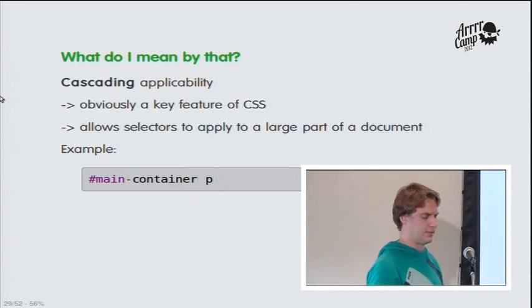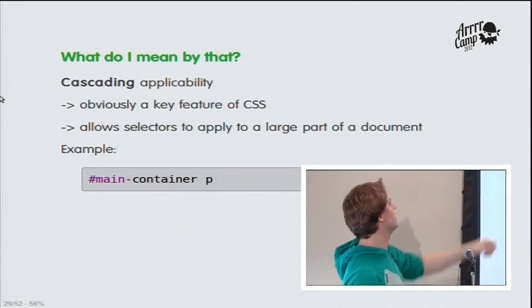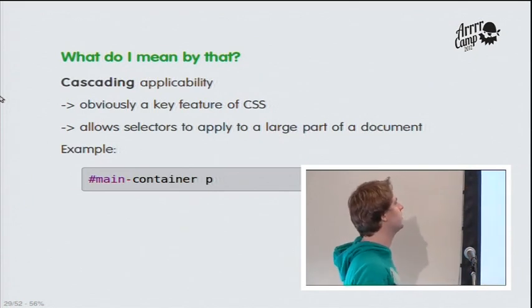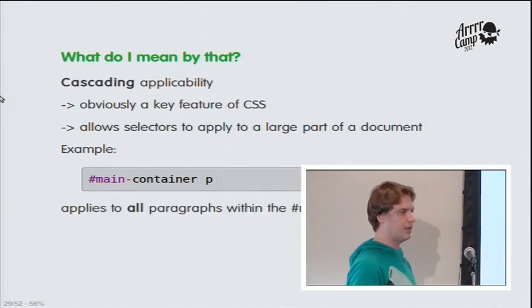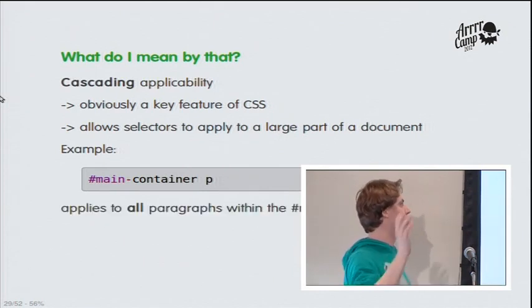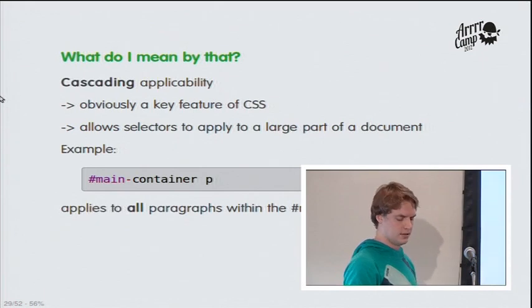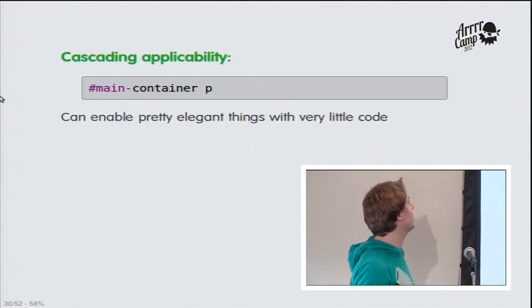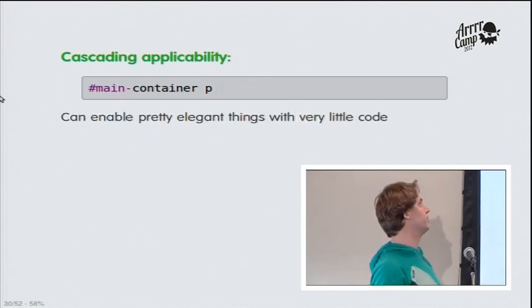Just as an example, we have a selector like main container P, and this is going to apply to all the paragraphs that come anywhere in our main container. And I mean, the people that designed CSS were thinking about something, and it can actually enable pretty elegant things.